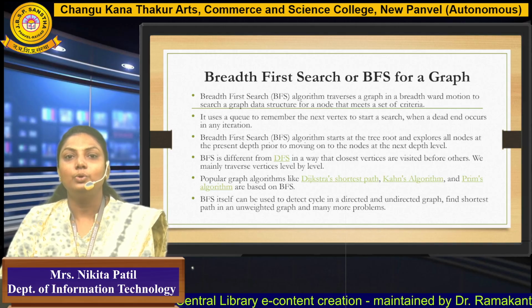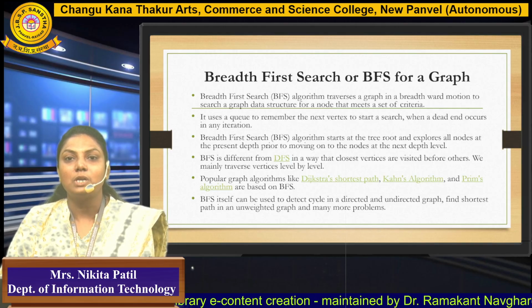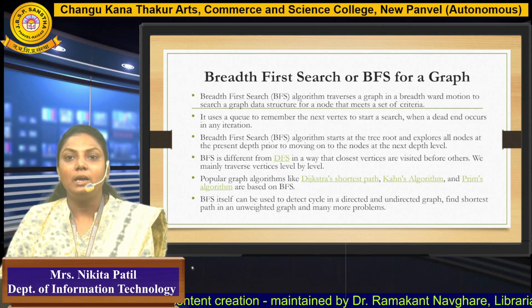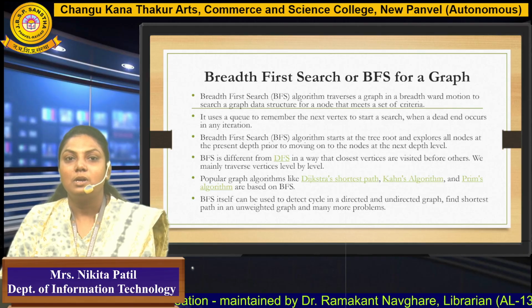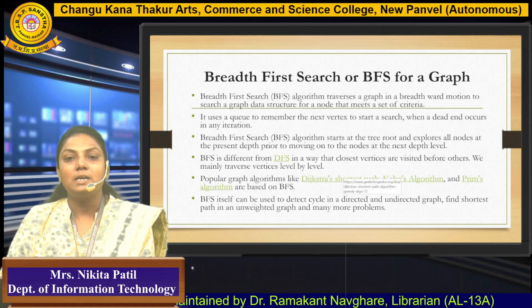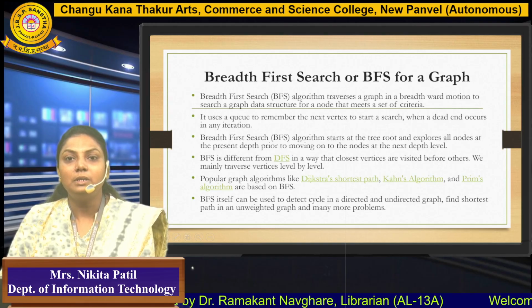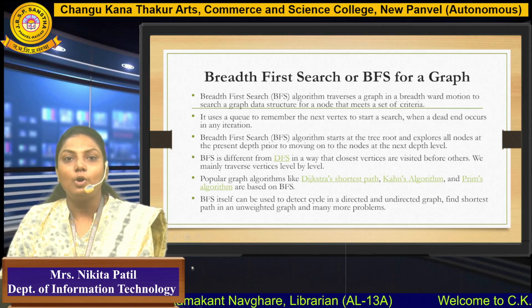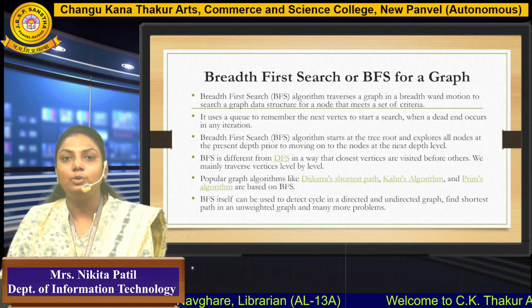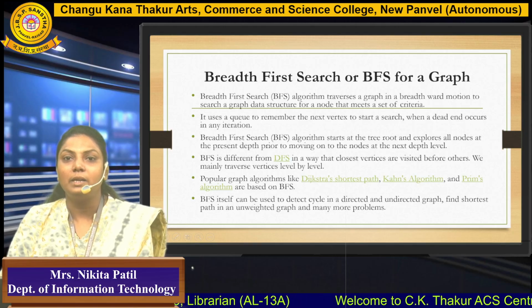It uses a queue to remember the next vertex to start a search when a dead end occurs in any iteration. Breadth first search starts at the tree root and explores all nodes at the present depth prior to moving on to the nodes at the next depth level.